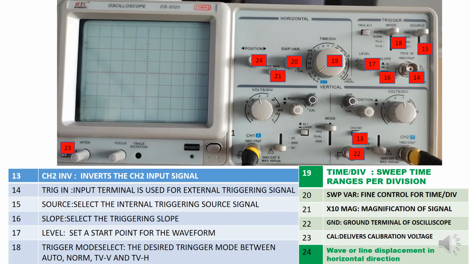Like the time per division of the signal can be selected from this 19. Then 24, this one, means if you want to shift the signal here or here, in this way you can do it with this knob as well, right? In this way, other facilities are also available. Many facilities are available in the CRO, so we are using only a few.